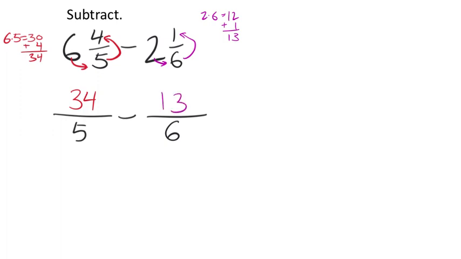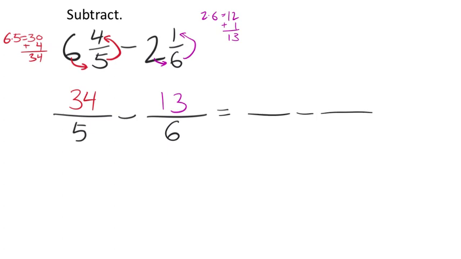So 34 fifths minus 13 sixths. Pretty close, right? We've got denominators that are pretty close to the same size, but they're not quite the same. Which means that we're going to have to force those denominators to match. Now, it's still subtraction, and that's fine.